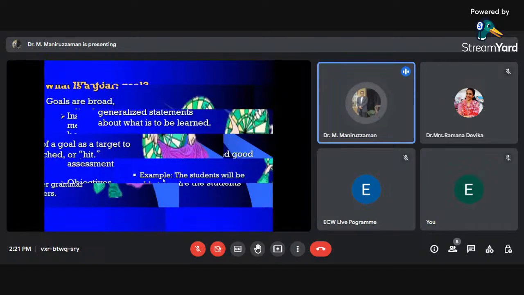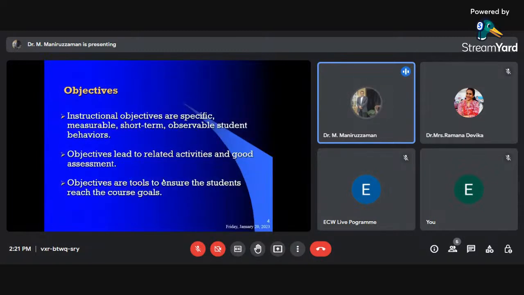But when we think of objectives, they are very much narrow and specific. Instructional objectives are, number one, specific; number two, measurable; number three, short term; number four, observable student behaviors.